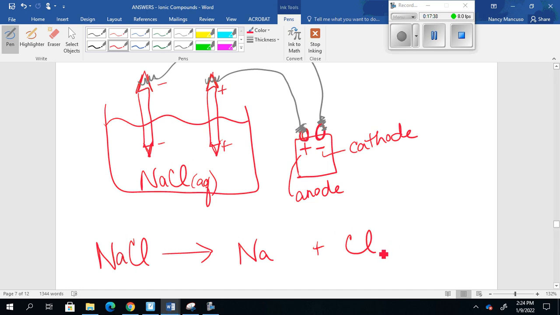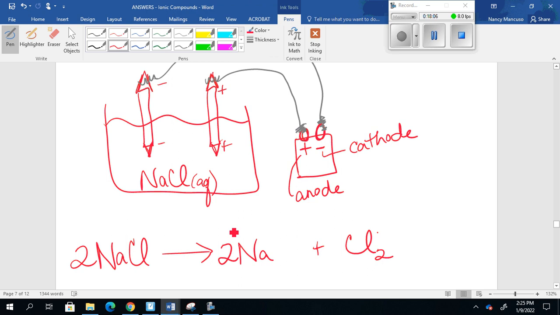Chlorine is diatomic. Yes, it is. So that means I've got to put a 2 there because chlorine is never by itself. If I separate the chlorine from sodium, it's going to have to bond to another chlorine. And so to balance that out, if I need 2 Cl's here, I'm going to have to start with 2 NaCl's, which means I will make 2 Na's and then the Cl2. And now everything is balanced.